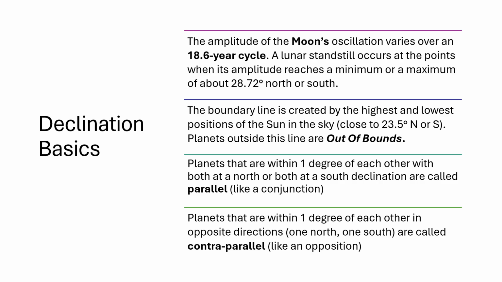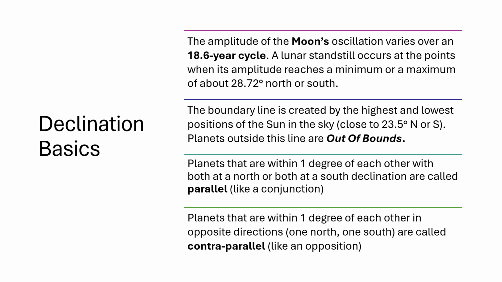Now, the moon has a 5-degree variance from the ecliptic, so it sometimes is going to get quite far over the solar bounds, and that's called out of bounds. Sometimes it'll be quite a bit under the solar bounds, but that's the minimum that it can reach in a year.